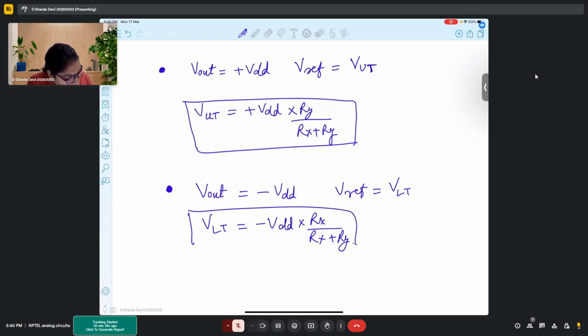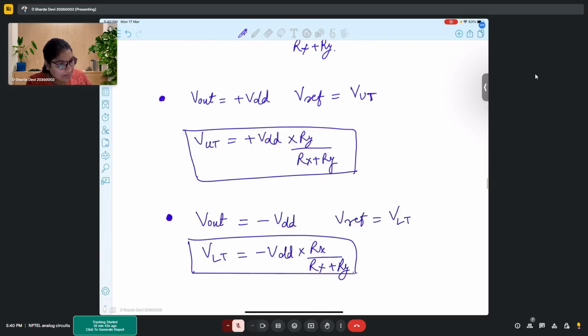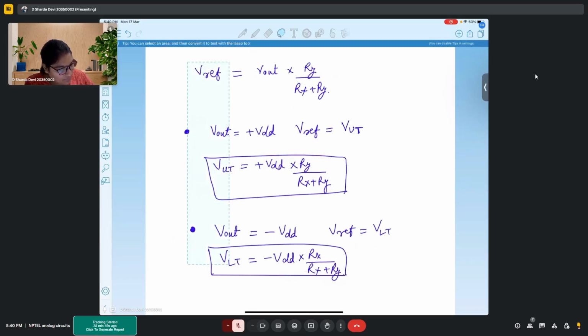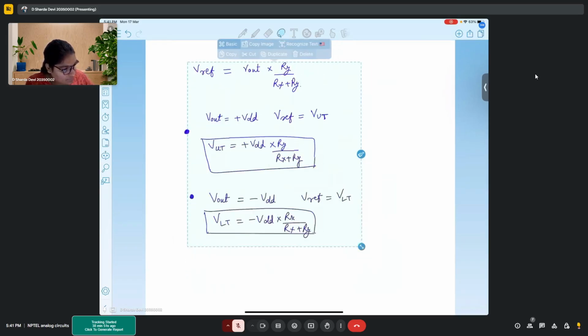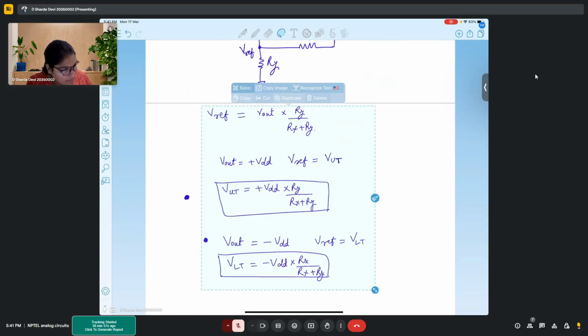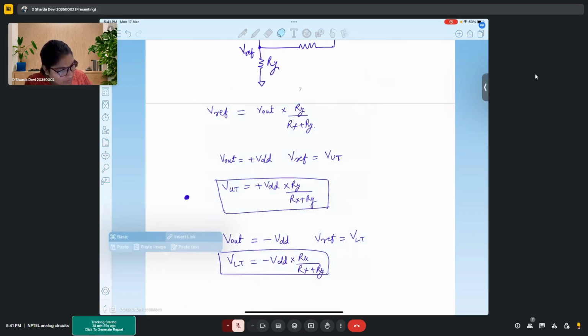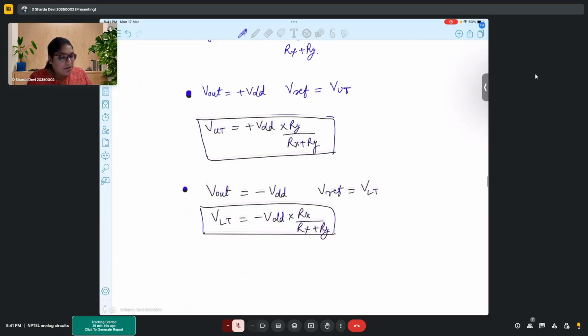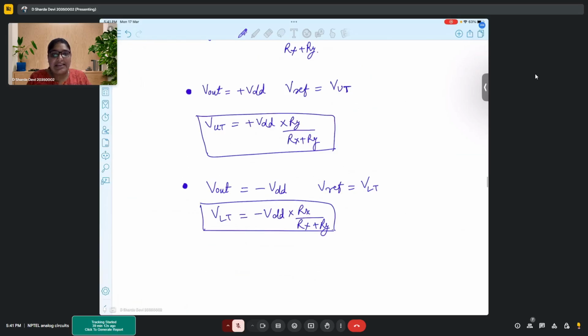This is my VLT. All right, so now we understood that in our Schmitt trigger, we will have two threshold levels.